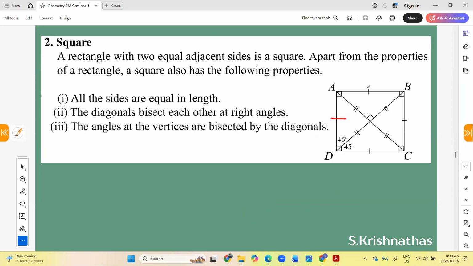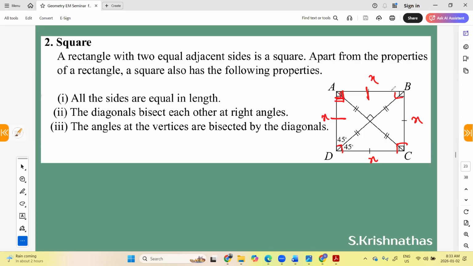Adjacent sides equal and one angle a right angle. If adjacent sides are equal, each side is x, so that is a rhombus. But if you mention one angle is a right angle, then all angles are right angles. So that is a square.